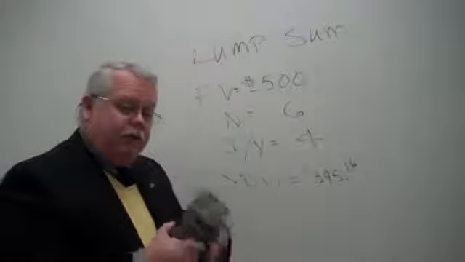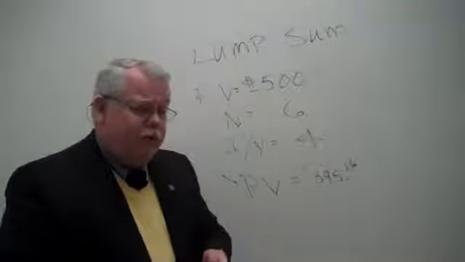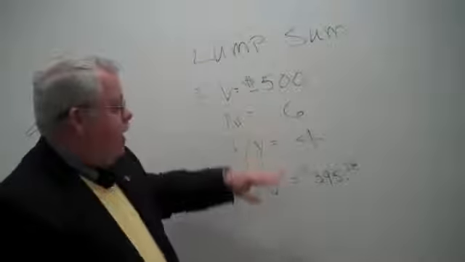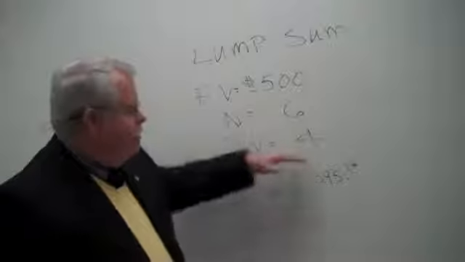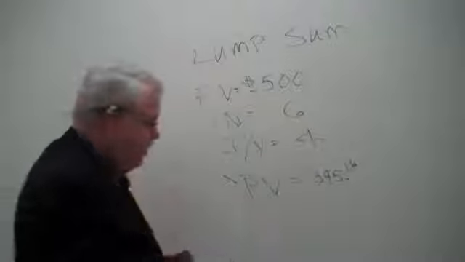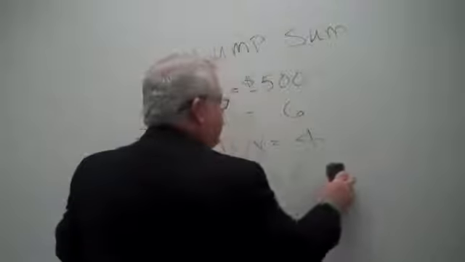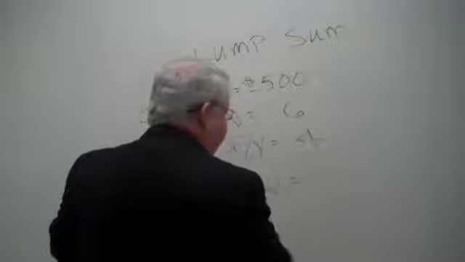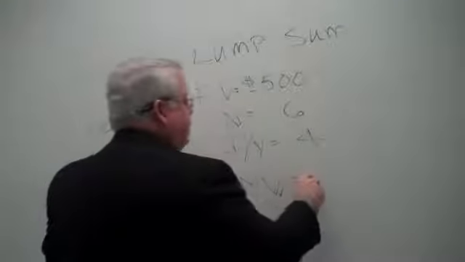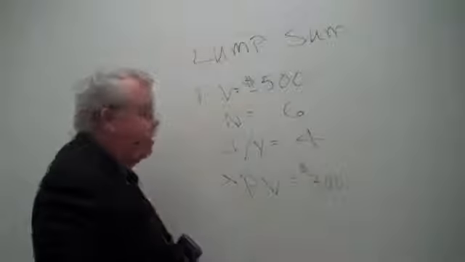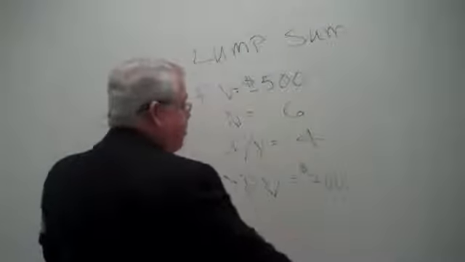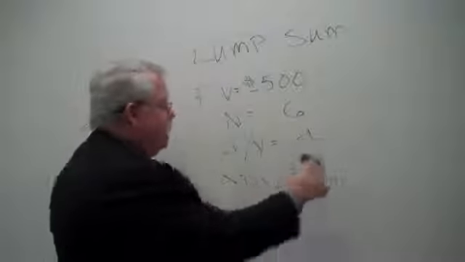Now, we can play games with this if you like. We might know the future value and the present value and the time period, and we might want to calculate the interest rate. Let's try that just for a second. Suppose I said, I've got $300 today, and I'm going to leave it in the bank for 6 years, and I want it to grow to $500.